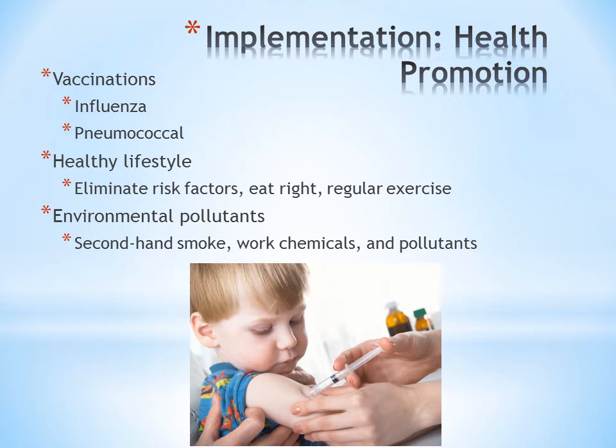The pneumococcal vaccine is recommended for those clients over 65 years of age, those who are at risk for pneumonia, or those with chronic illnesses or immunosuppression, such as AIDS or HIV. And then we look at environmental. People who work as farmers, painters, or carpenters, for example, might benefit from the use of a particulate filter mask to reduce the inhalation of certain particles.